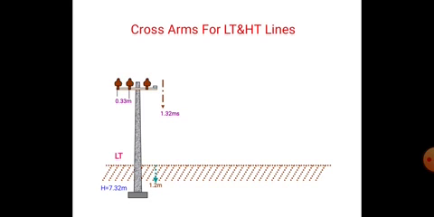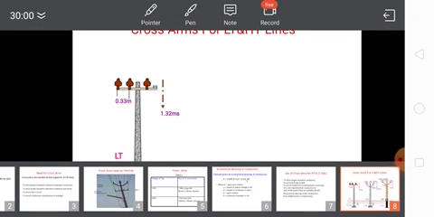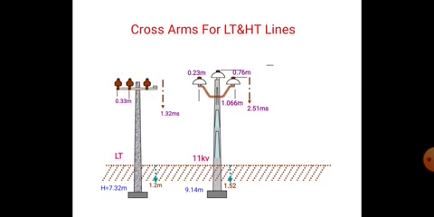Cross arms for low tension and high tension lines. Here for a low tension line the height of the pole should be very small. For high tension the height of the pole should be a little bigger. So for LT the height of the pole is 7.32 meters, but for 11 kV the pole height is 9.14 meters, and the cross arm height is 2.5 meters.